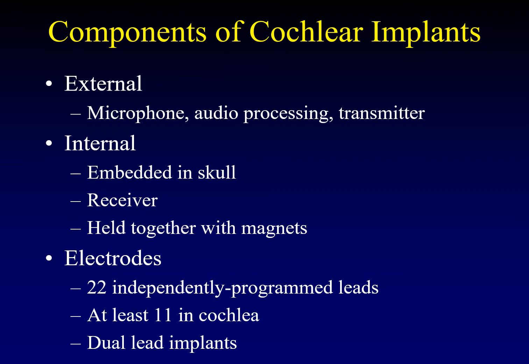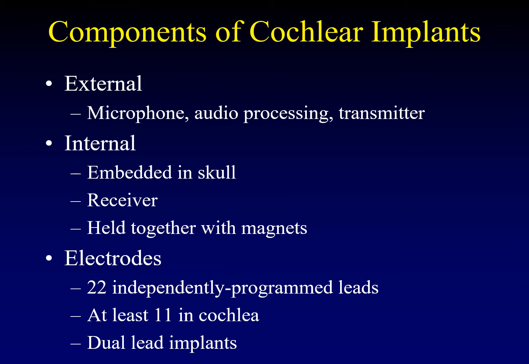And it's important to understand the external and internal components of the cochlear implant are held together with strong magnets. They each have a strong magnet, and when they're brought into vicinity of one another, they click into place, and that's how the transmitter and receiver line up appropriately. This has obvious implications for MR safety in that although the external component can be set on a table and left behind, the internal component can't, and that's a permanent magnet sitting in that internal component.